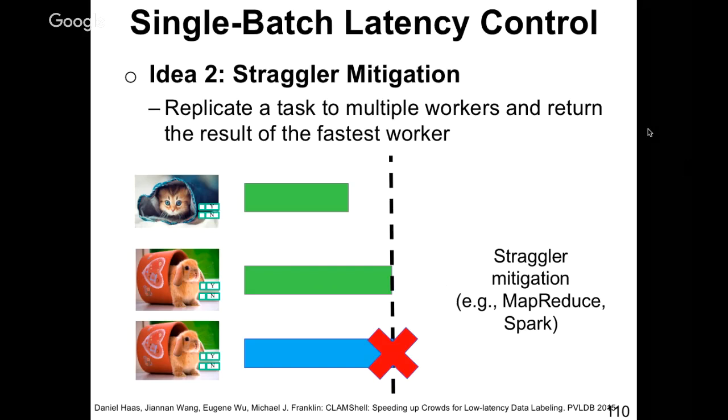The reason for that is, think about the difference between crowdsourcing and distributed computing. In distributed computing, you have a job. It will split the job into multiple tasks and then ask, say, thousands of machines to do those tasks. Each machine you can think of like a crowd worker, right?